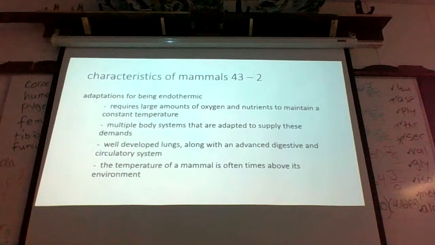Okay, and those two characteristics need lots of oxygen and nutrients to maintain that constant body temperature.